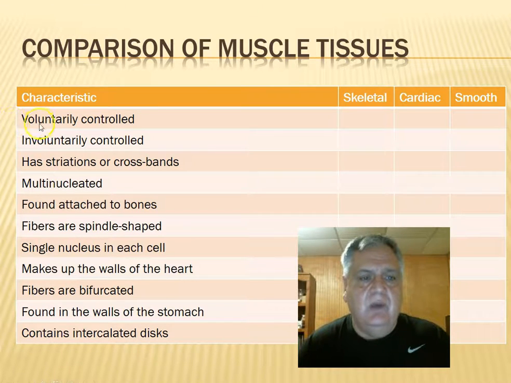So for example, if you look at voluntarily controlled, if you think skeletal muscle tissue is voluntarily controlled, place an X or a check mark in the box in the column underneath skeletal. If you think cardiac muscle tissue is voluntarily controlled, then you'd place a check mark there as well. So there are some of these characteristics that can be demonstrated by more than one type of muscle tissue. But take a minute now and see what you come up with.